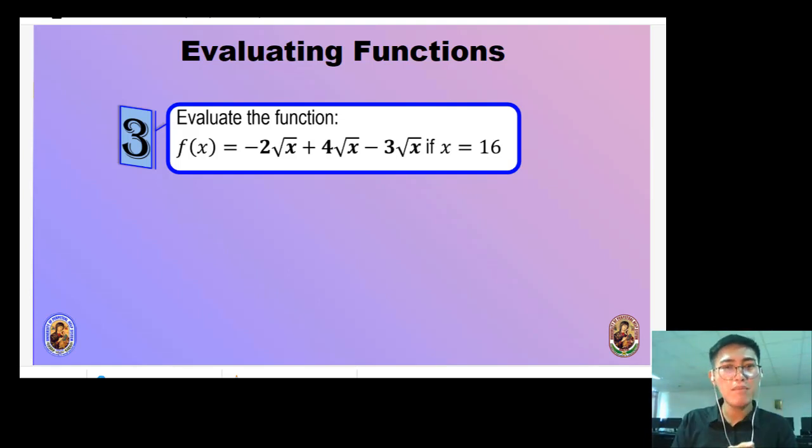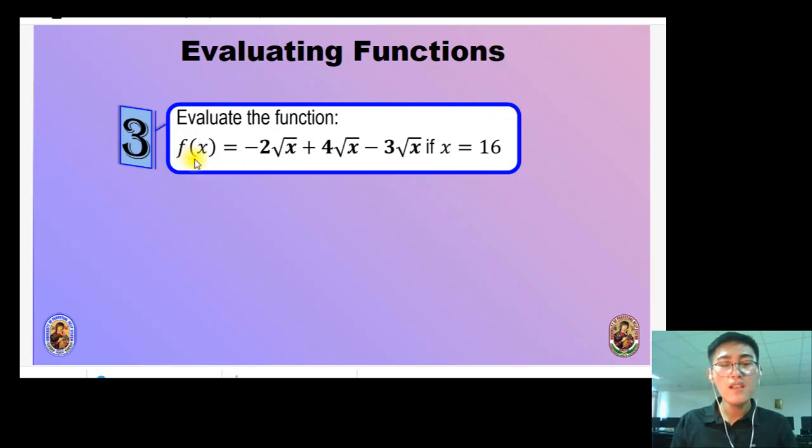This third example is tricky, but if you know how to substitute, then do the proper operation in there, you won't be confused. You will get the correct answer. Let us read.